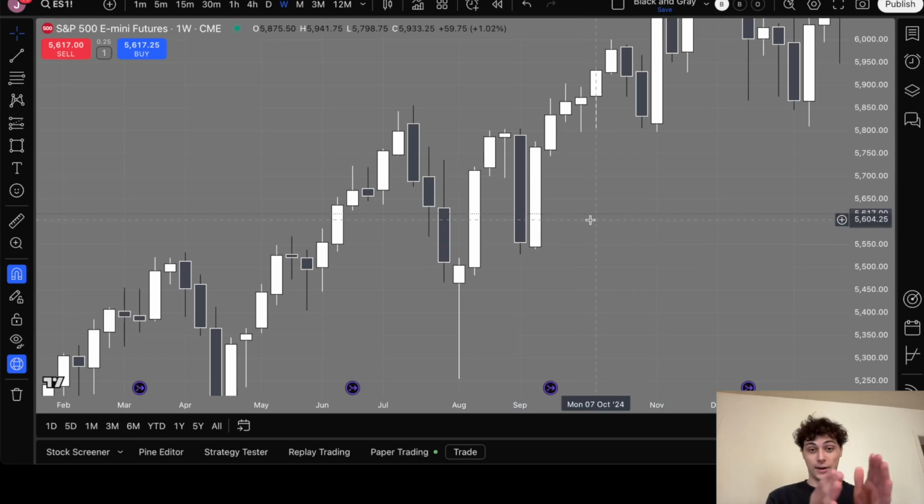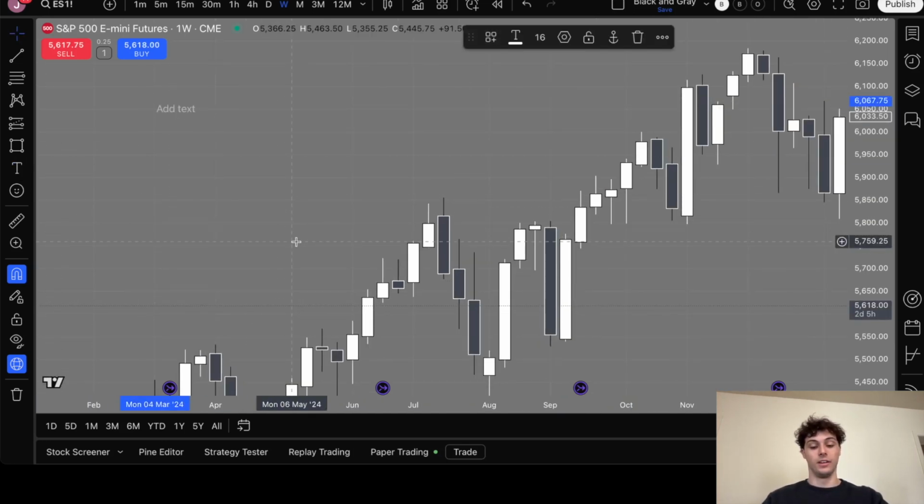A BPR is a lot stronger than a fair value gap, and a fair value gap is a lot less strong than a BPR, but a fair value gap is stronger than an inverse fair value gap. So let's go tier list. BPR is first, fair value gap is second, inverse fair value gap is third.